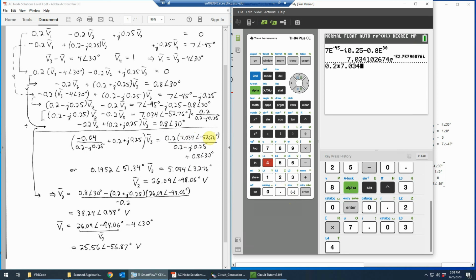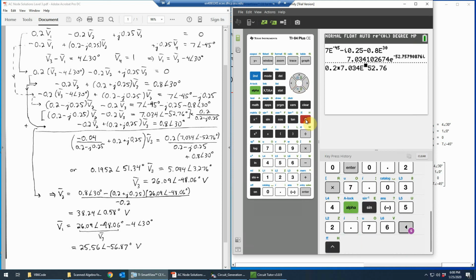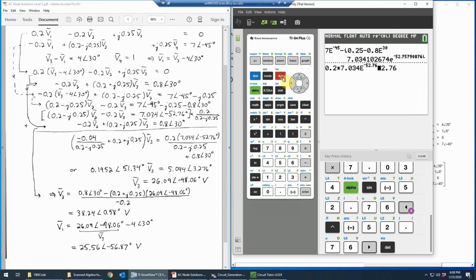Then we have the e to the negative 52.76. Oh, I forgot the exponent there. That's not good. So I'm going to go back and put that in. So negative 52.76. And then I'll just erase the rest of that.